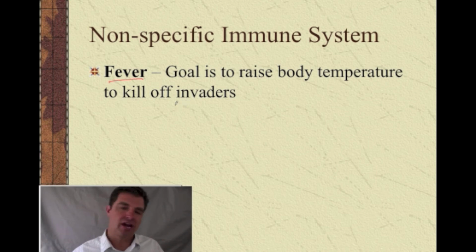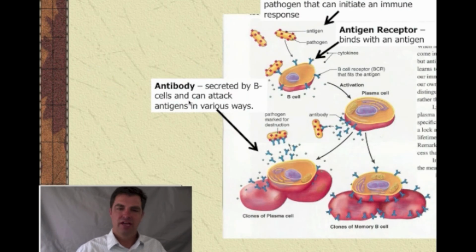Nowadays, though, with our antibiotics, you've got to wonder whether having a fever is useful. But certainly for our ancestors, and before we had antibiotics, which was not all that long ago, fever was one of those things that could potentially save you from an infection. Okay.